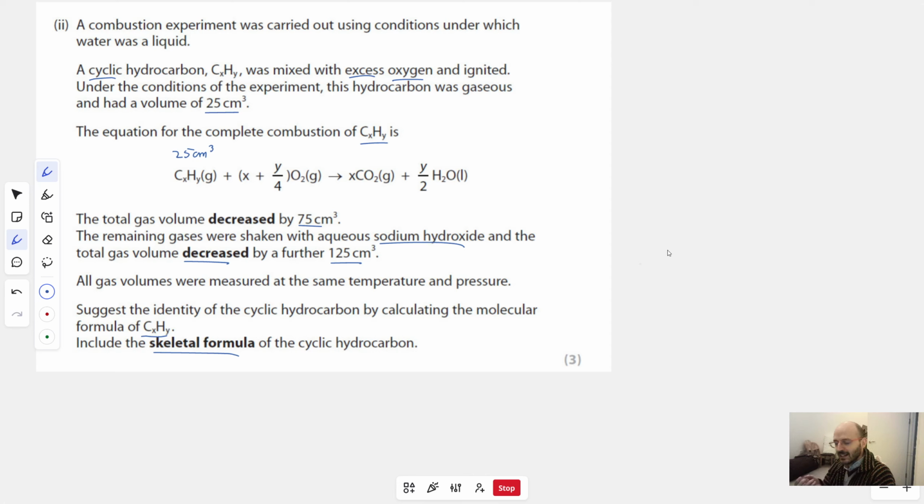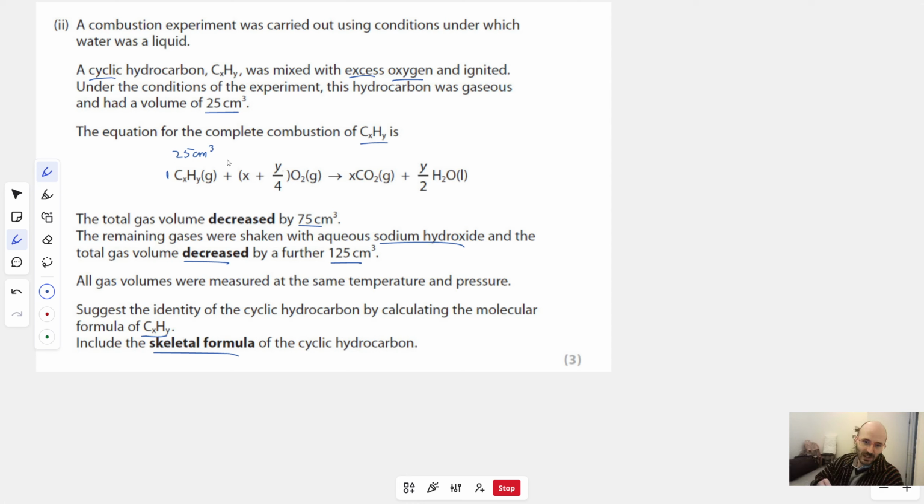The key idea is that the molar ratio is the same as the volume ratio. So if you have 1 mole of this hydrocarbon, it reacts with x plus y over 4 moles. If you have 1 cm³, it reacts with x plus y over 4 cm³.